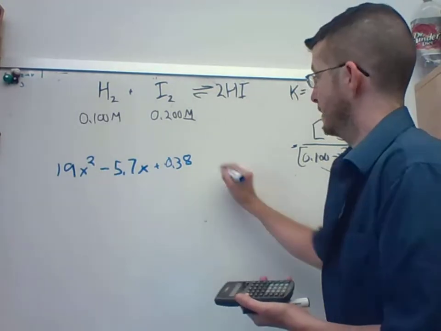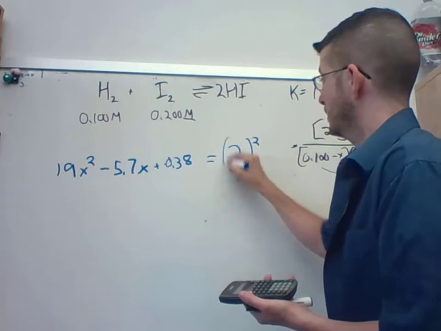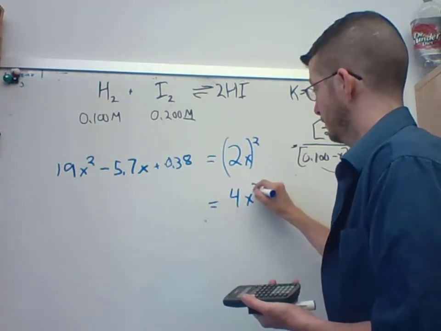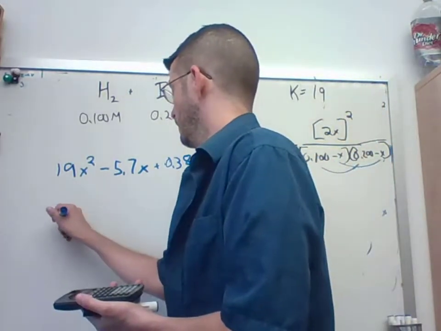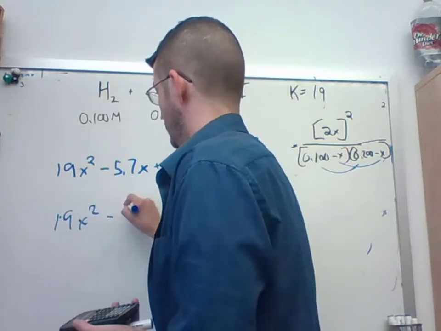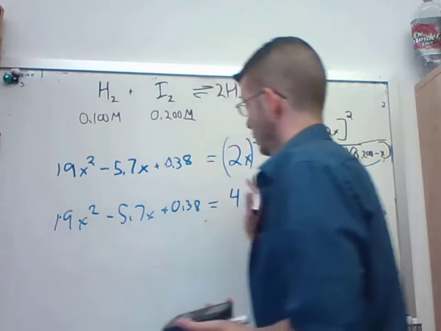And this simplifies then to equal (2x) squared, which is equal to 4x squared. And then we can combine these to 19x squared minus 5.7x plus 0.38.